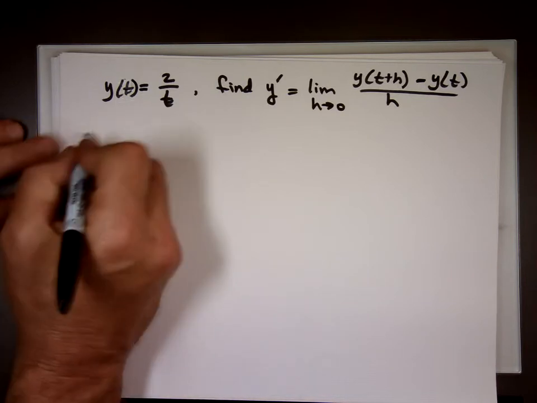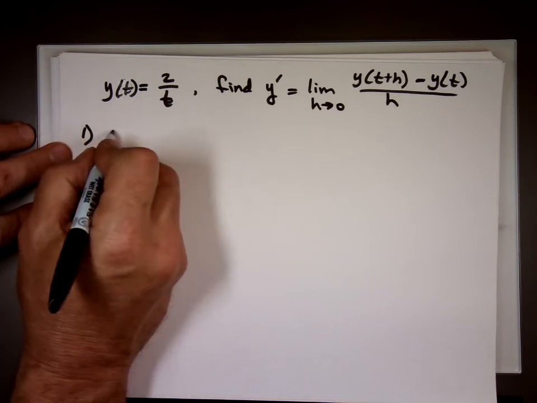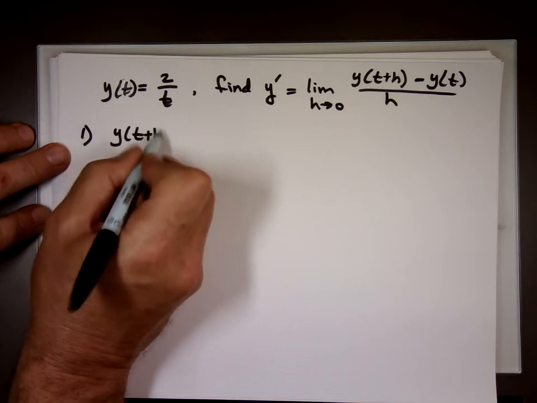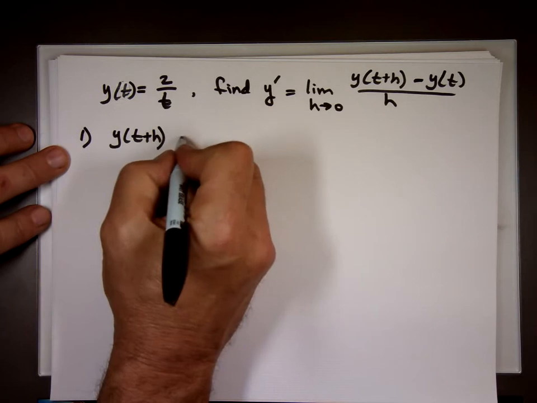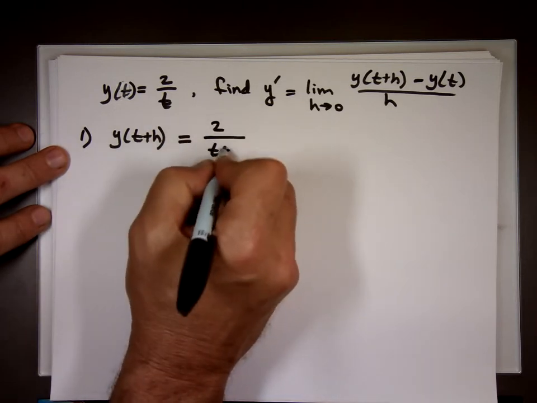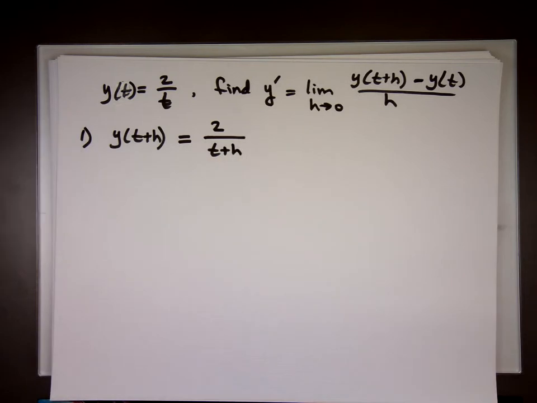Step number 1, find y sub t plus h. Two over t plus h. Can we simplify it? No. Can't simplify that.